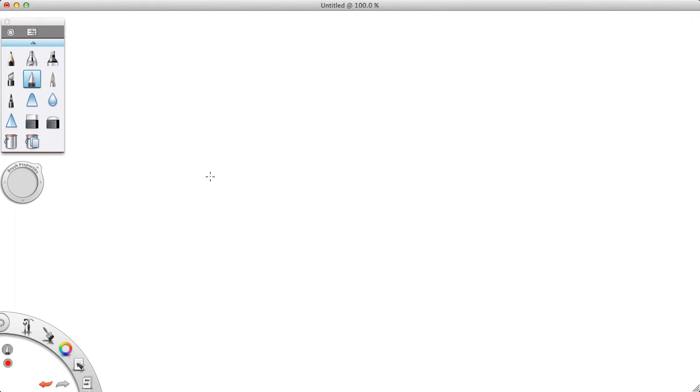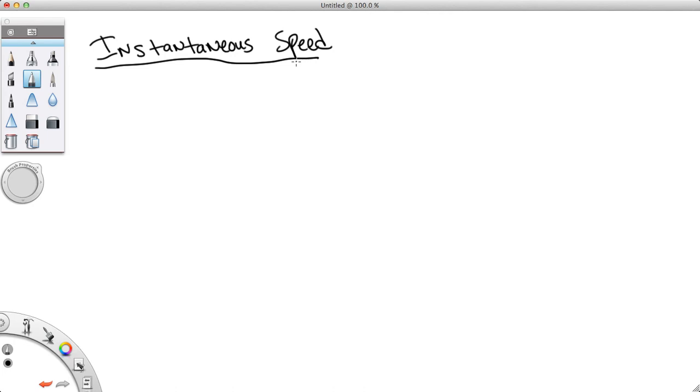Let's continue talking about speed, and there's another term I'd like you to be aware of, and that's instantaneous speed. Instantaneous speed is the speed at any instant. Just pick a time.